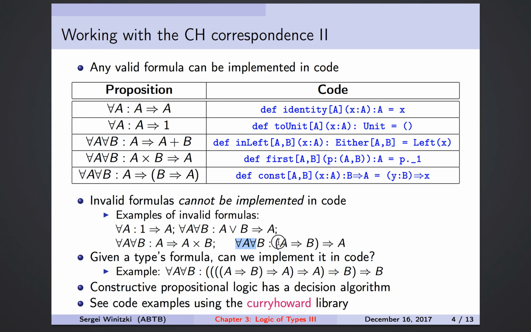Another example, slightly more complicated, of why things cannot work is this. For any A and for any B, if you have this, then you're supposed to produce A. Now, what does it mean you have this? This is a function or implication in the logical realm, right? We're in the logical domain. So this is implication. So all you know is that if someone gives you a proof of A, you can produce a proof of B. You cannot get a proof of A out of that knowledge.